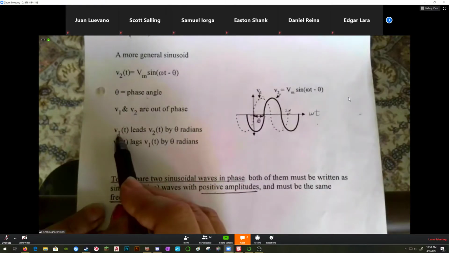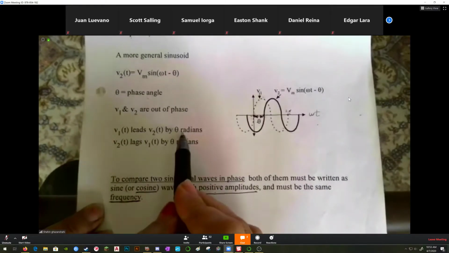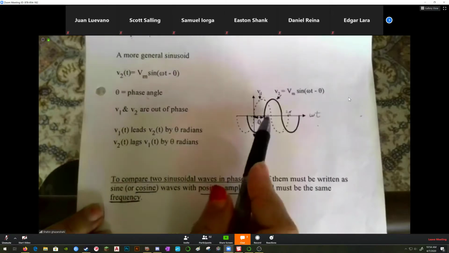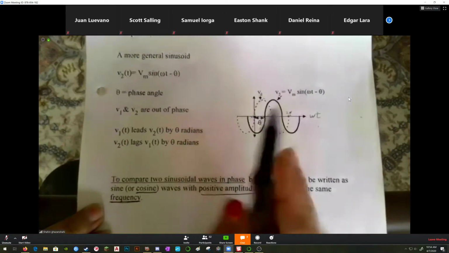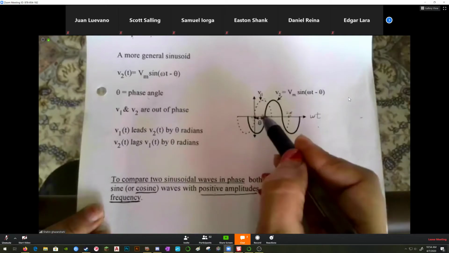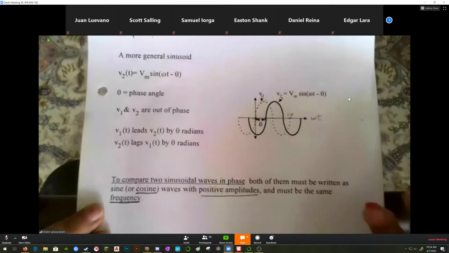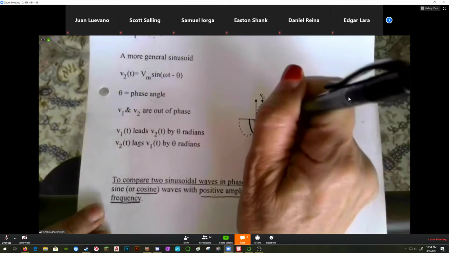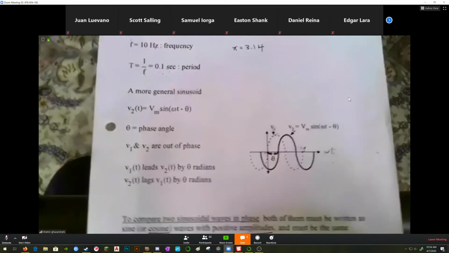So we say V1 leads V2, or V2 lags V1. Whichever passes zero first is the leading one, which is V1.